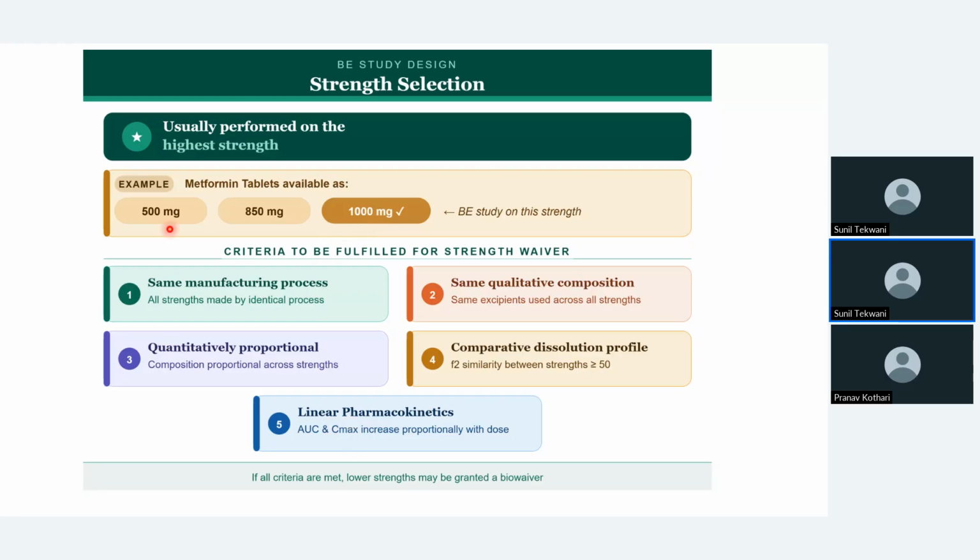How will you know that the AUC and Cmax are increasing proportionally? You have to search the literature database. You have to search the literature whether anybody else has previously done pharmacokinetic studies. The innovator must have done so. They will write that with increasing dose, Cmax and AUC increase proportionally.